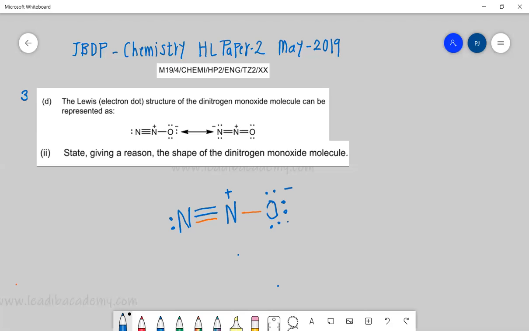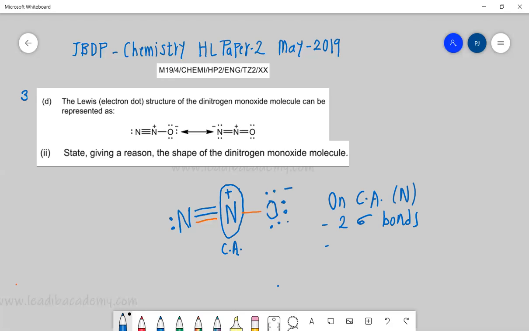Okay, I'm picking only one of the structures, and we are trying to derive the geometry or shape. So let's focus, as usual, on how we determine the shape. Our focus is on the central atom. Nitrogen is the central atom. So first we will find out how many bond pairs are there. That means we are talking about the sigma bonds. So clearly we can see on the central atom, that is nitrogen, there are 2 sigma bonds. And how many lone pairs? There is no question of a lone pair because it is already plus charge.